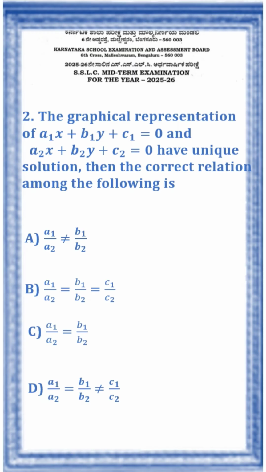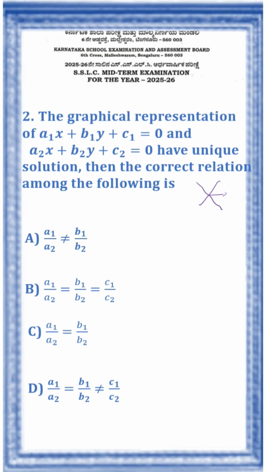Four options are given. A1 by A2 is not equal to B1 by B2. This is the correct option because unique solution means the graphs intersect at a point. So here A1 by A2 is not equal to B1 by B2.